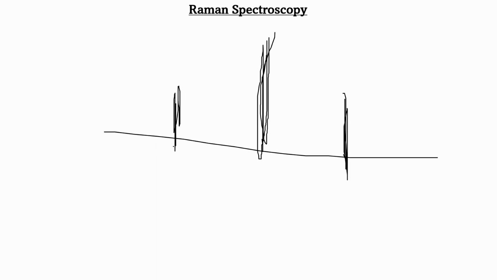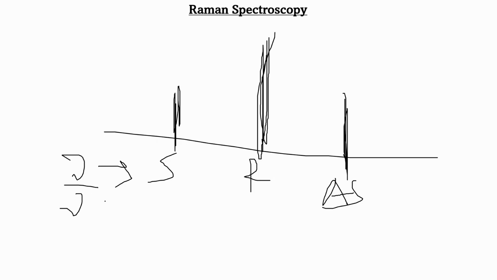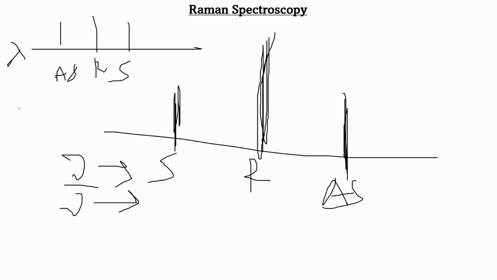If you arrange in terms of frequency or wave number, first there will be the Stokes line, then the Rayleigh line, and then the anti-Stokes line. But in terms of wavelength, first there will be the anti-Stokes line, then the Rayleigh line, and then the Stokes line.